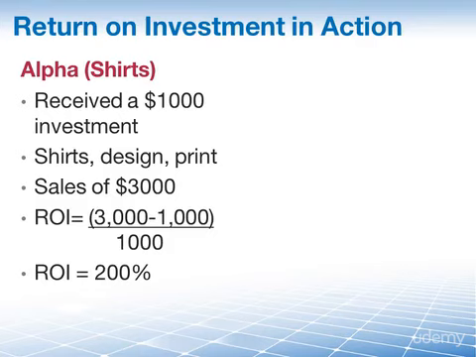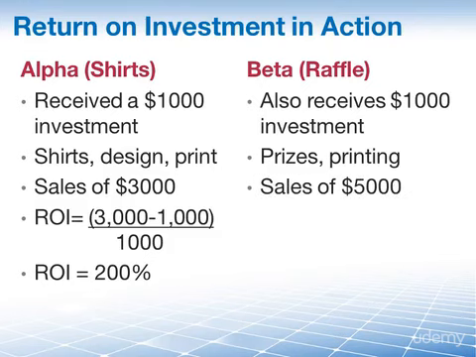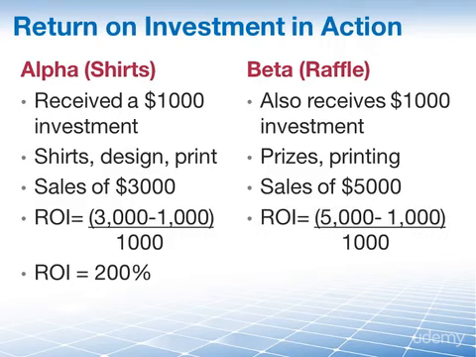Project Beta is a group of parents who decided to run a raffle. They also received $1,000, which they spent on prizes and printing raffle tickets and posters. They sold as many tickets as they could, and they had ticket sales of a total of $5,000. So their ROI is 5,000 minus 1,000 divided by 1,000, which gives us a 400% ROI.